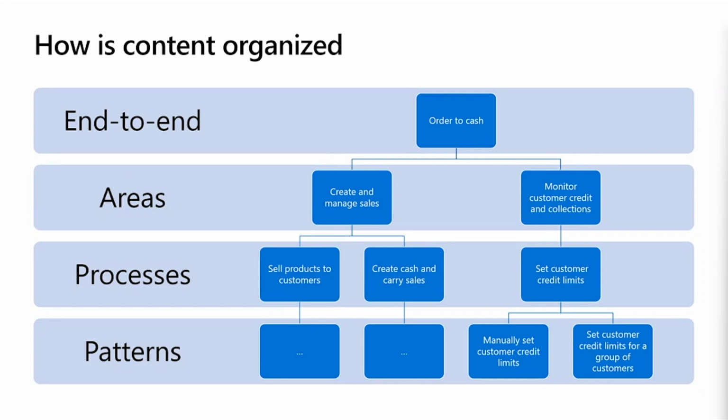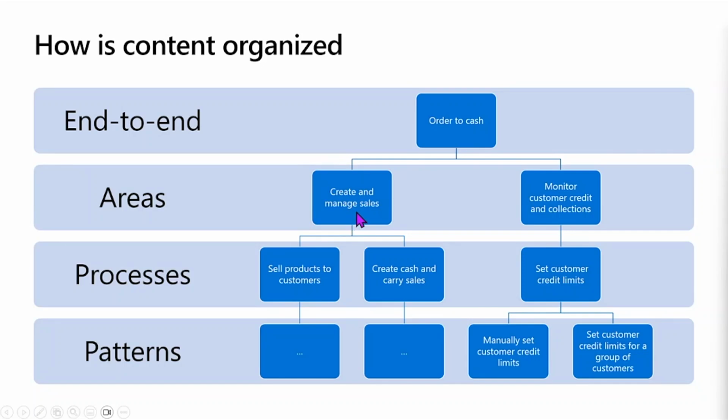Then each one of those areas breaks down into several business processes. Business processes are the actual processes where there is a process, by our definition, a set of tasks that needs to be achieved to reach a specific goal or objective. So you can see that there are different business processes.